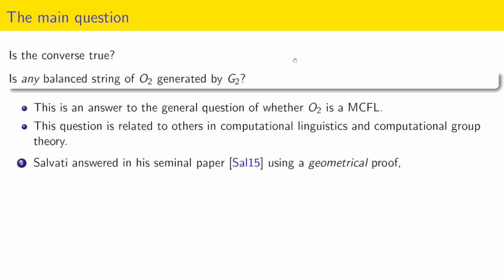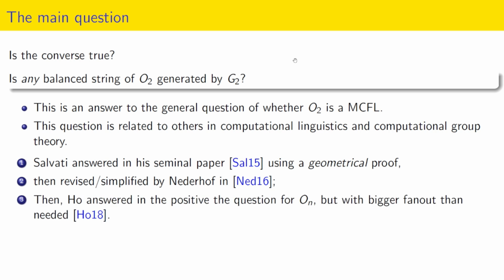So basically, it took this slightly bigger family of languages, MCFLs, and showed that O2 is indeed in this family. This proof, as mentioned, was geometric, and was then revised and a bit simplified by Nederhof the following year. Up to then, the proof was only applying to the case 2, so O2, only 2 letters.